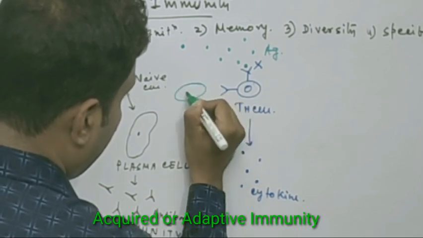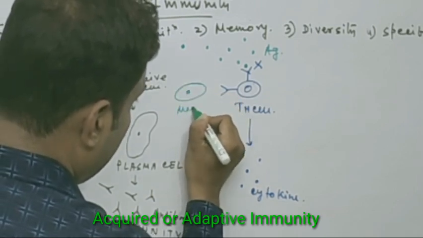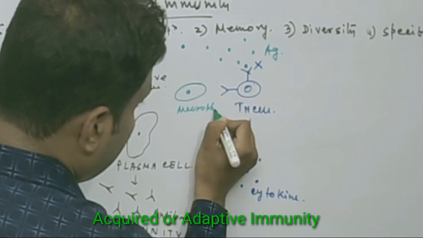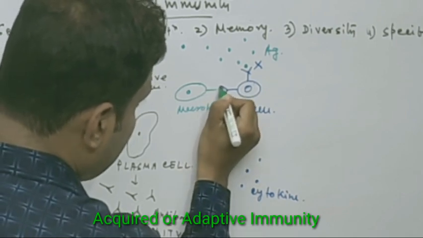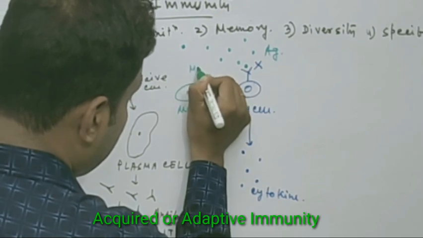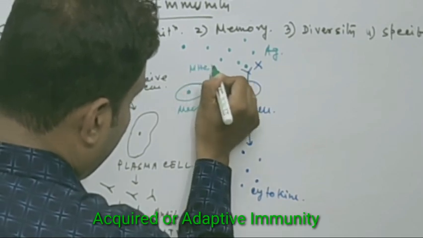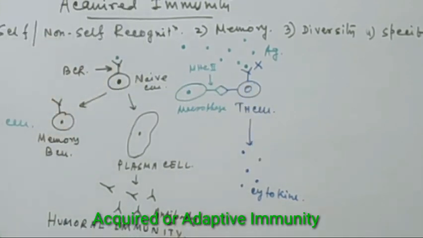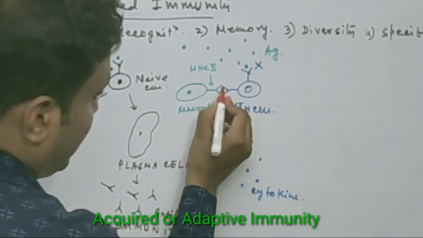The macrophage engulfs this antigen and processes it in a special structure, which is called MHC class 2 protein, or major histocompatibility complex protein 2, and this will present the antigen towards the receptor of the helper T cell.